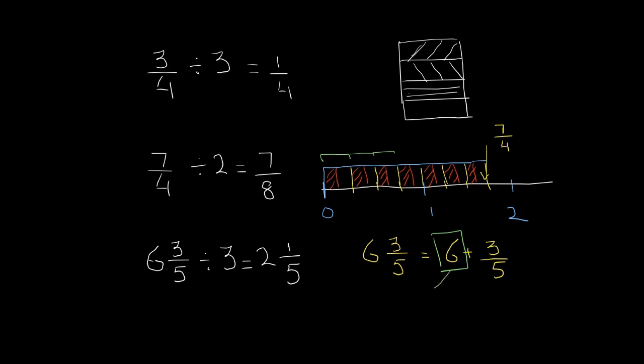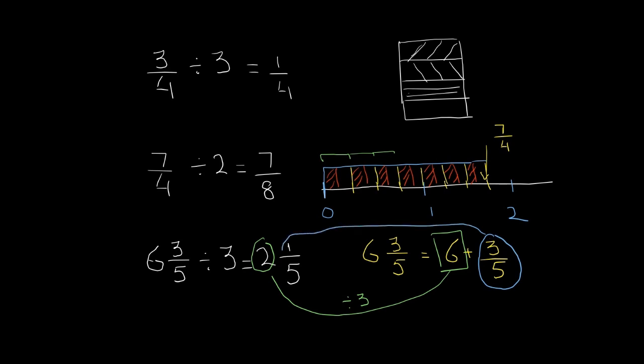Each one of them will get a 2 when I divide by 3, and the 3/5, here are the 3/5. If I take the 3/5, you can play the same game as I played earlier, and if you divide that among 3 children, each child will get a fifth. So that's why it's 2 whole and 1/5.